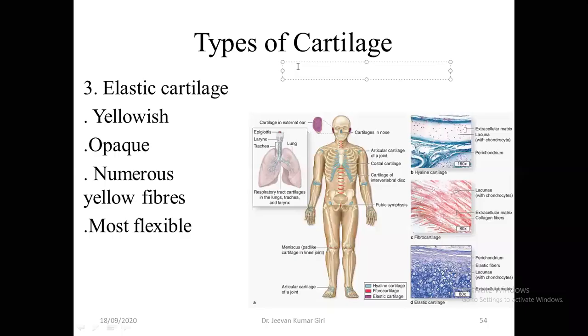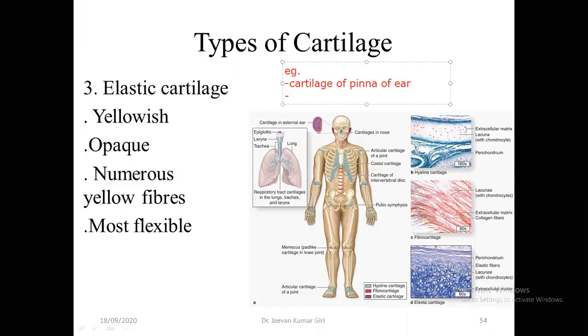Now you have to know the examples of this cartilage also, where they are present in the body. The largest elastic cartilage present in your body is the pinna. Cartilage of the pinna of the ear, that is the auricle also, same thing.